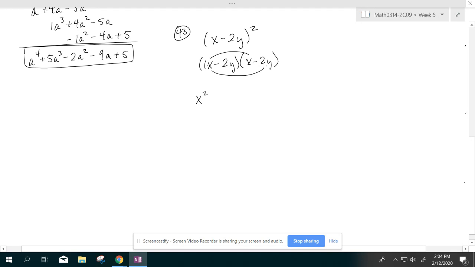So multiply the coefficients, and the letters are not the same, so you just put them in alphabetical order. Next, on the inside, same thing: multiply the coefficients, and the letters are not the same, so alphabetical order. Last, negative 2y times negative 2y.